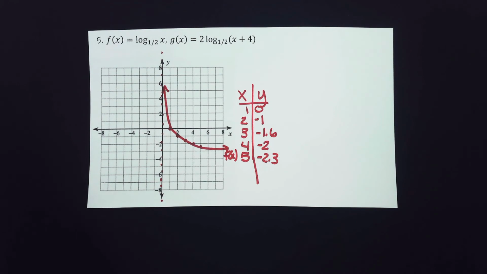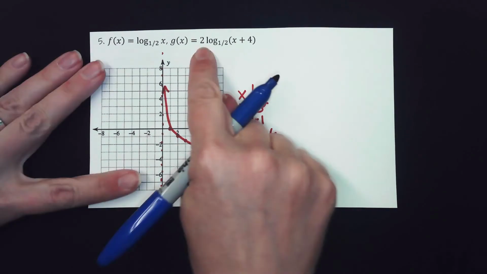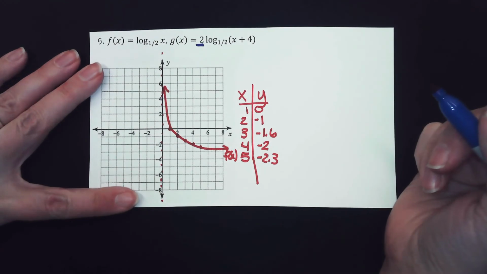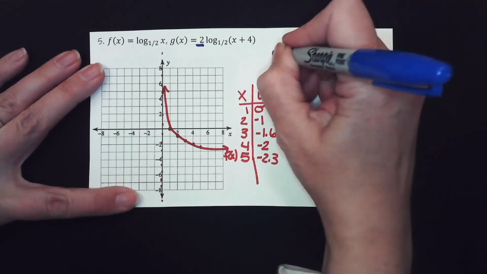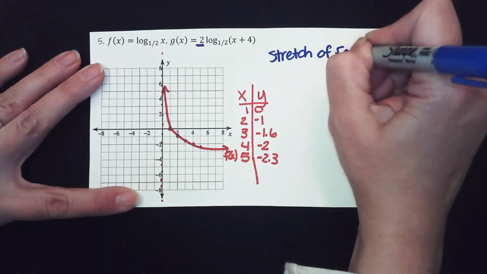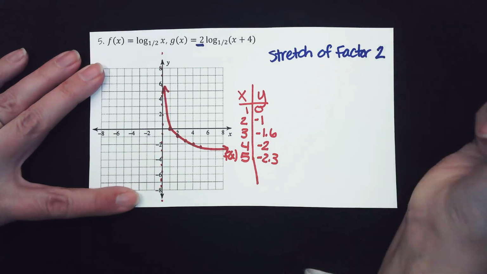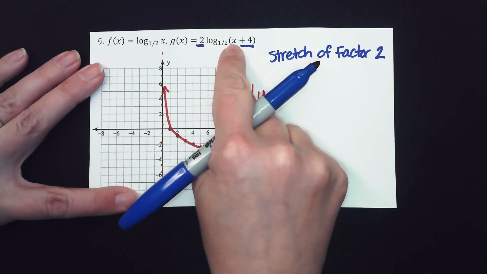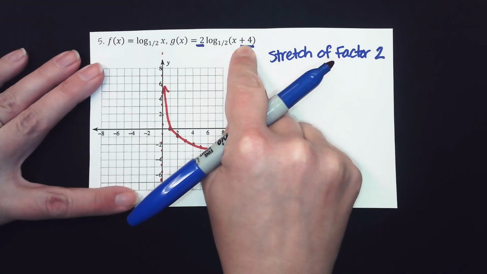All right, let's list what's happening to f of x to get our g of x. So it has a 2 out front, so that is a stretch or shrink. It's going to be a stretch because it's greater than 1, so it has a stretch of factor 2. And then it has the base half, and then it has the x, but in parentheses with x, it's grouped with x, it has the plus 4.